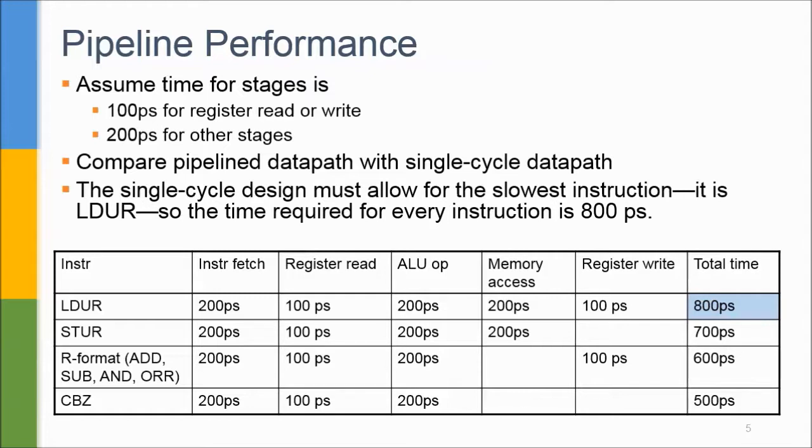The average time between instructions of a single cycle implementation, in which all instructions take 1 clock cycle, compared to a pipeline implementation. Let's assume that the operation time for the major functional units in this example is as follows: memory access for instructions takes 200 picoseconds.